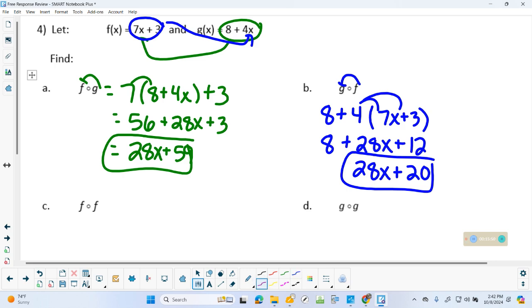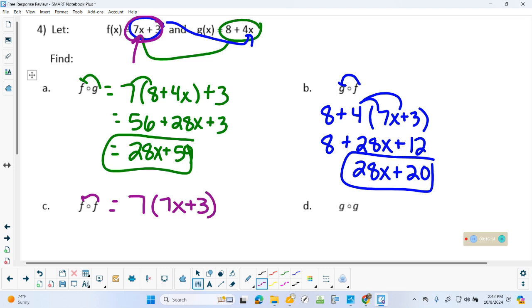F into F. Are you ready for that? Okay, so we are taking F and putting it into F. So look at your F function. It starts with the 7, but you're replacing x, you're replacing the input with the entire F function.